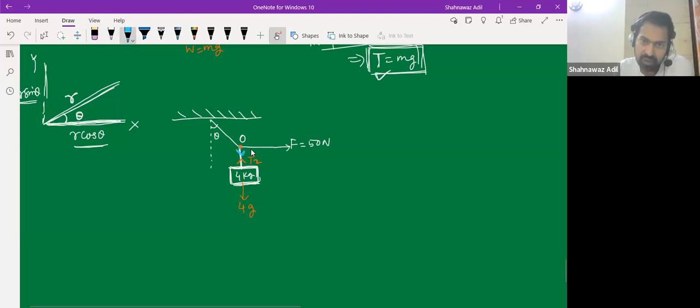Force is given. So in this direction we have the force. Understood? Do we have anything else? Sir, the mass is given. There is no mass at the O point. We are calculating all the forces at the O point.